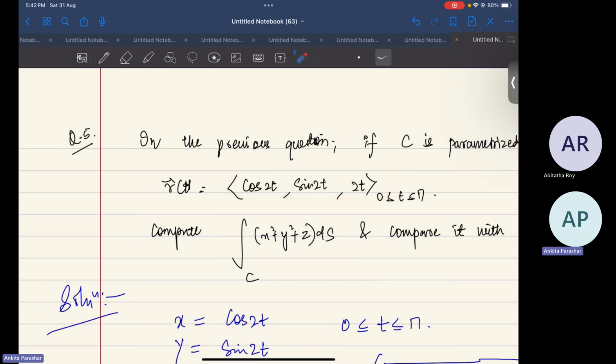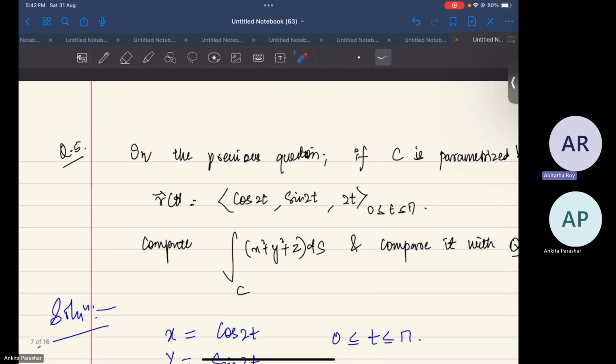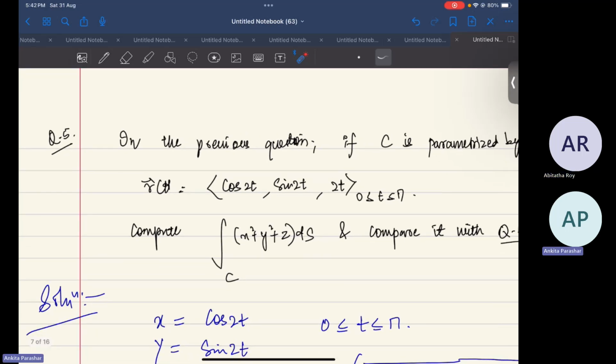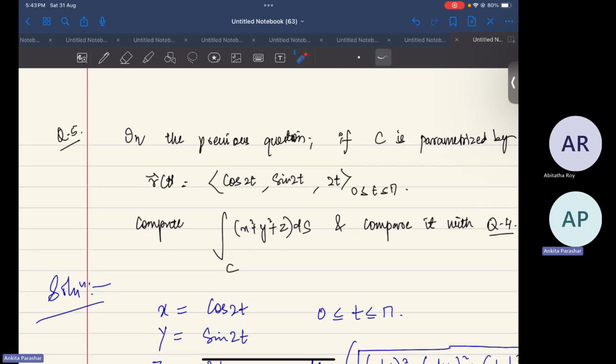When you reach a point, let's say x, it will reach 2x there, isn't it? So the difference geometrically is that you have reparameterized in such a way that you run twice as fast as you were running earlier. And suppose you run fast, then of course the time has been reduced, right?